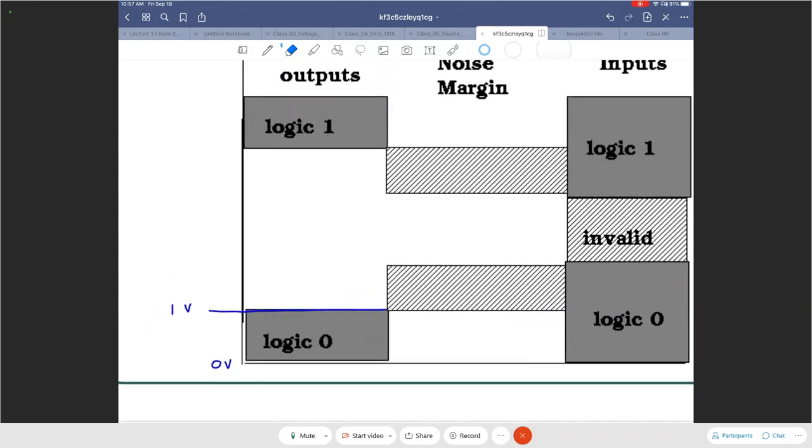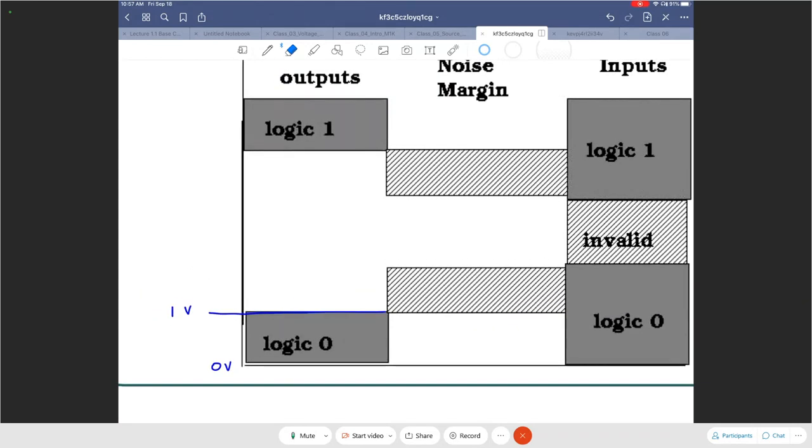However, that same voltage is being connected to an input of logic gate 2, and it may recognize any voltage between, say, 1.5 and 0 volts as logic 0. So what would be the noise margin for low level?